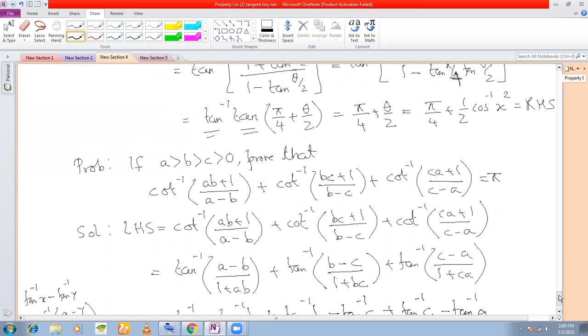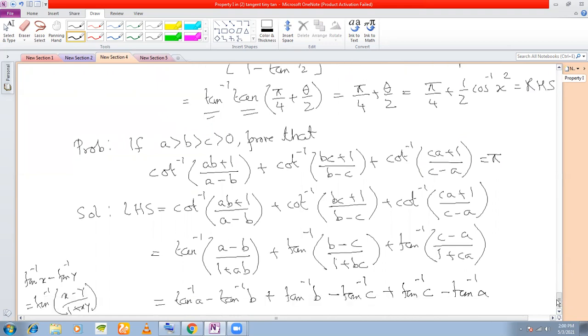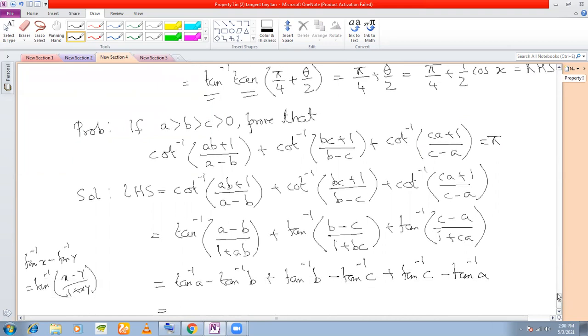What was the proof here? You need to prove that this was equal to pi, isn't it? Oh, actually the question is printed wrongly.